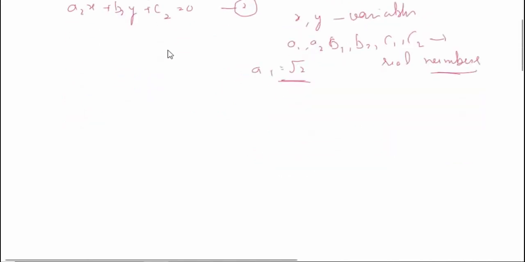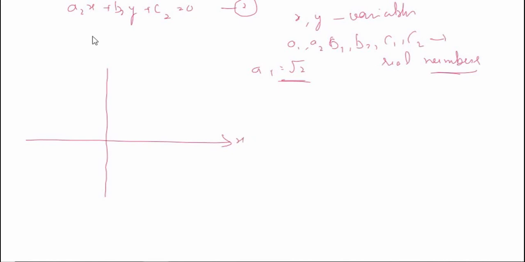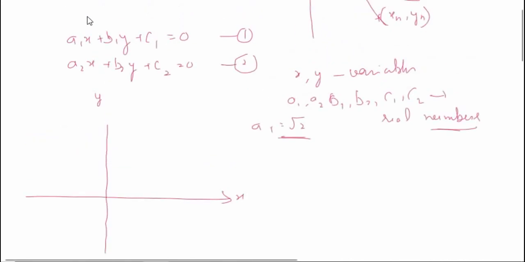Now we can represent these two linear equations in a single graph. Let us draw here. This is x, this is y. Let us draw equation 1, that is a1x plus b1y plus c1 equal to 0.